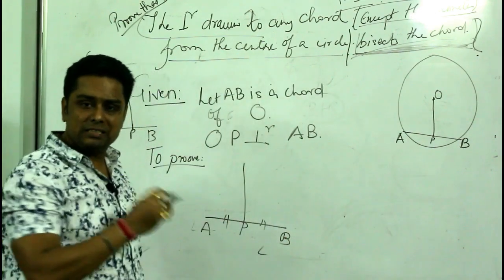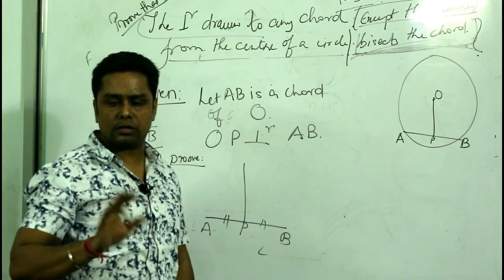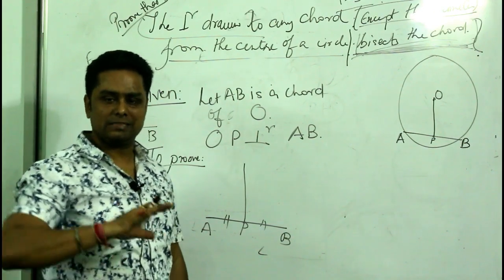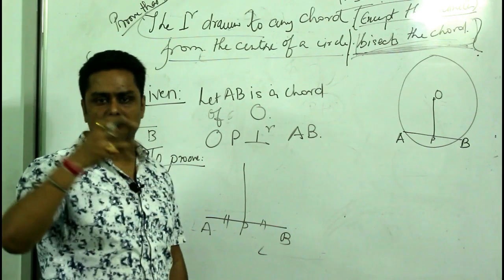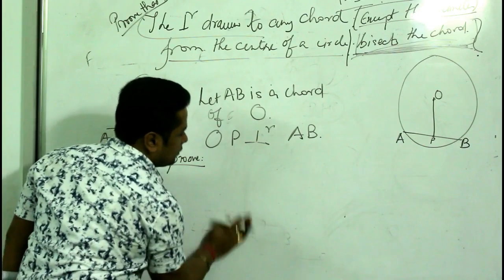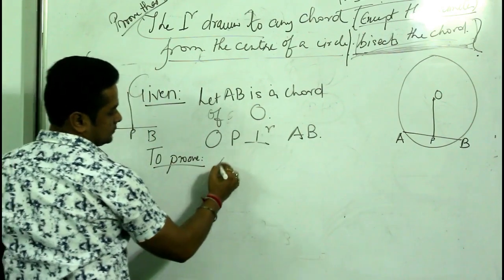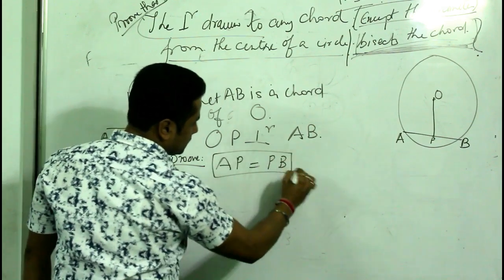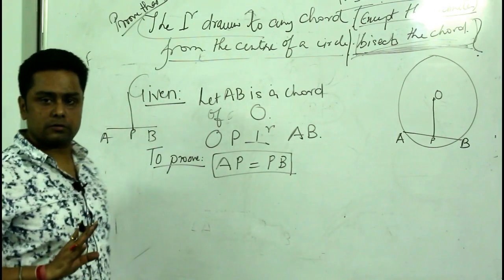Now you have to learn this language. Every time numbers will not come into play. This is geometry: figures, sides, arcs, AP, OB, AB. Clear? So what do you have to prove there? You have to prove that AP is equal to PB. This much understood?